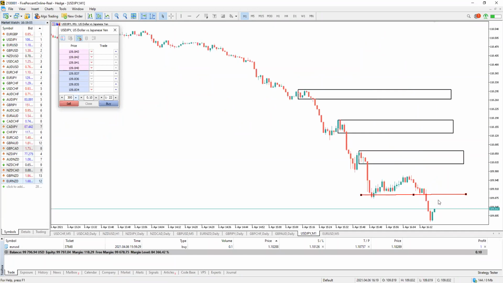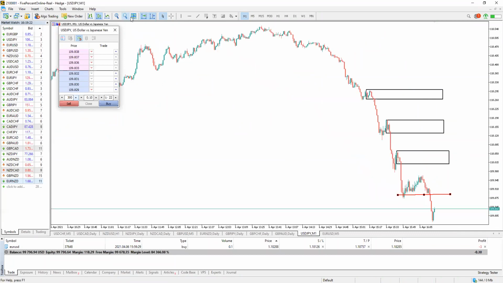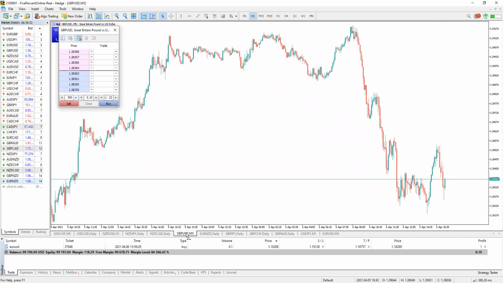And if I have a retracement to that area, I can start shorting. See if there's anything else.